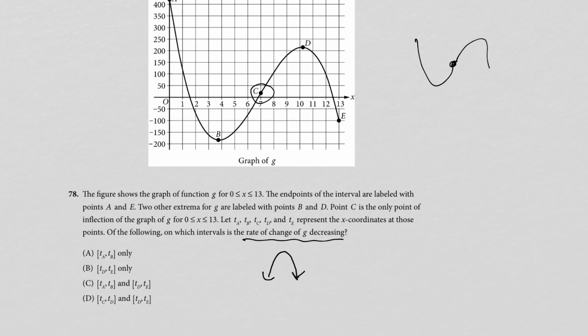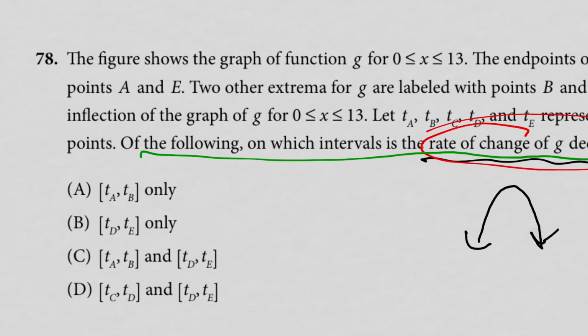G is decreasing means it's going downward. That's G decreasing. But rate of change of G decreasing is not the same thing. That's asking when is it frowning, which as we can see is in these two spots. So from C to E, so tC, can't see it that well.